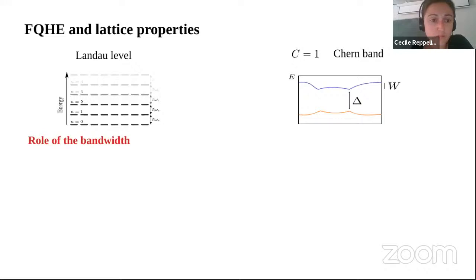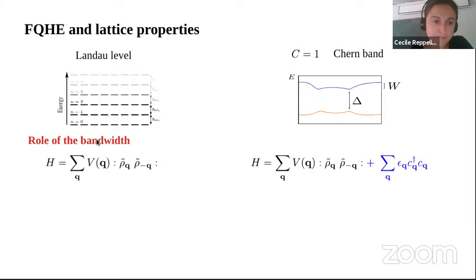So let's start with the role of the bandwidth. I'm going to assume that I can work in the lowest Landau level limit, meaning I can project everything down to the lowest Landau level, and the equivalent thing to do for a Chern band would be the projection to the conduction band.